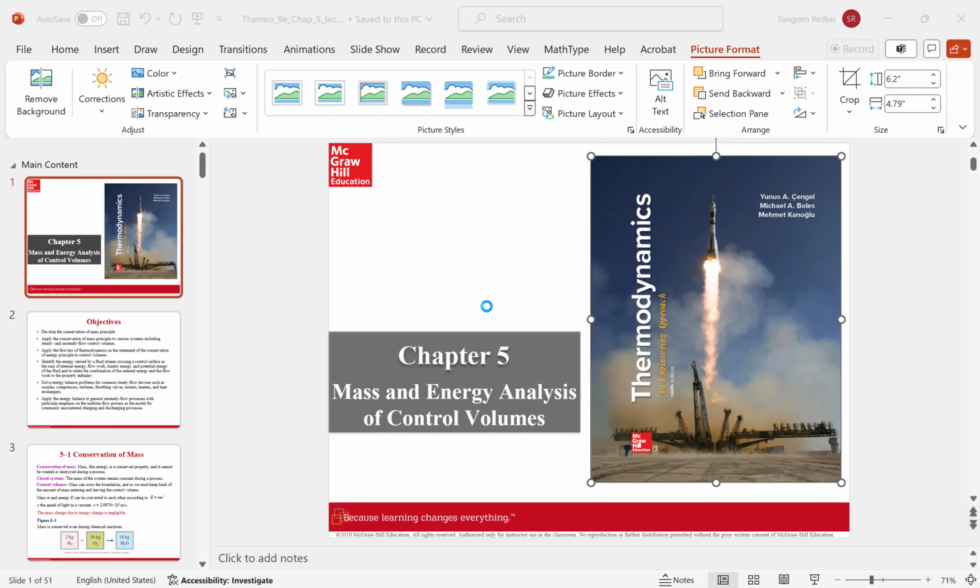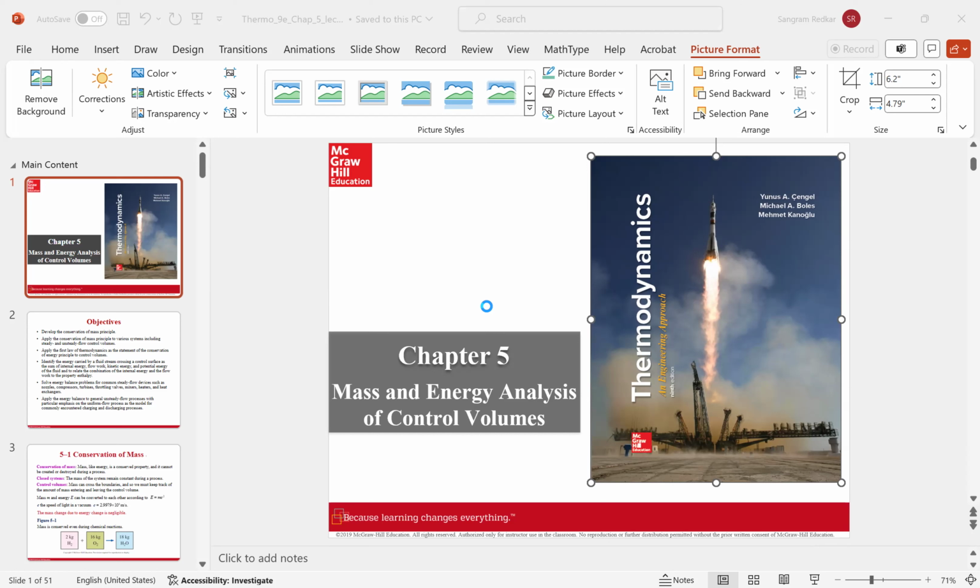So basically, whenever we look at steady flow processes, you have to identify the boundary. You have to find where the heat and energy interactions are coming in and going out.